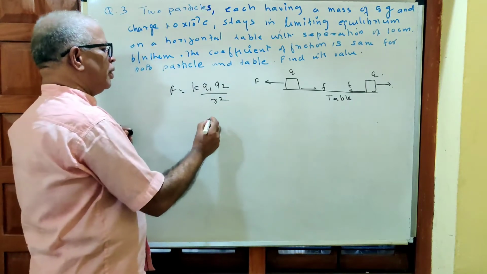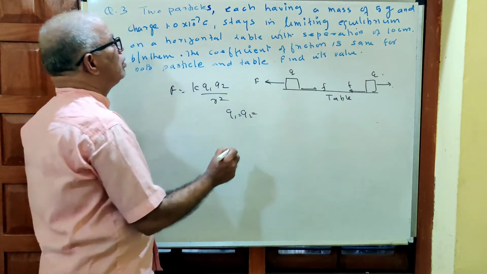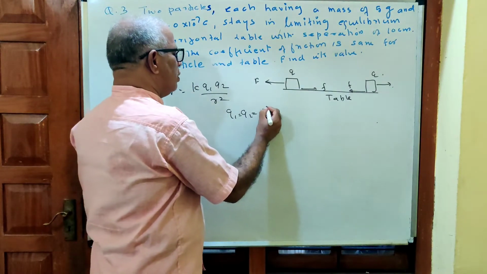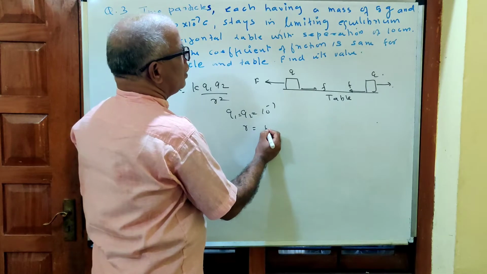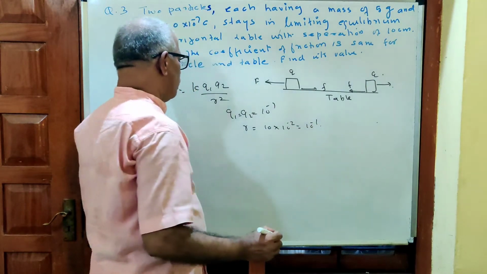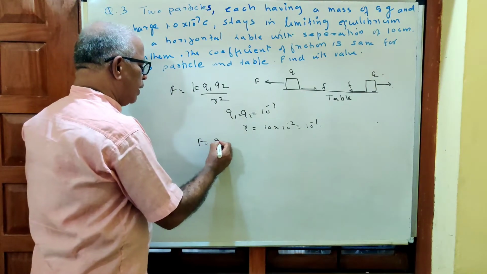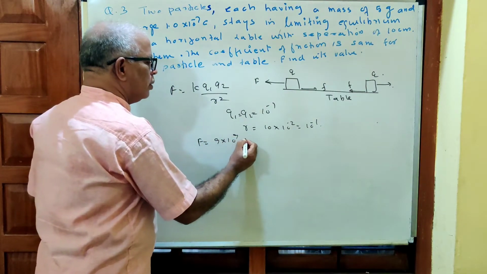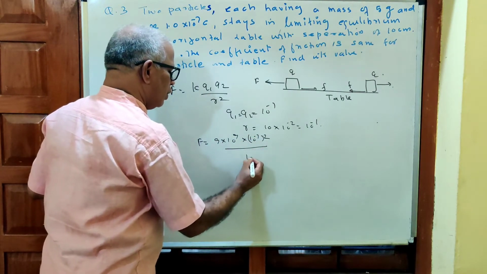Q1 is equal to Q2 is equal to 10 raised to minus 7. r is equal to 10 into 10 raised to minus 2, that is 10 raised to minus 1. Therefore, F is equal to 9 into 10 to the power 9 into 10 to the minus 7 the whole square by 10 raised to minus 1.